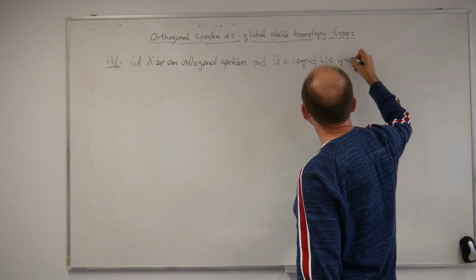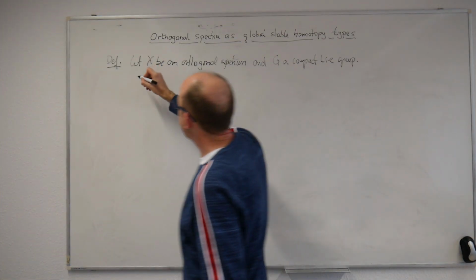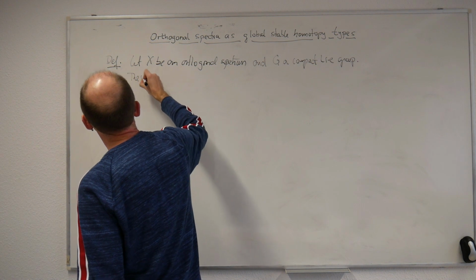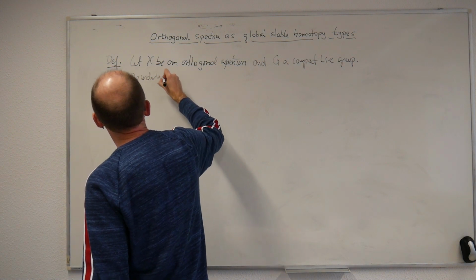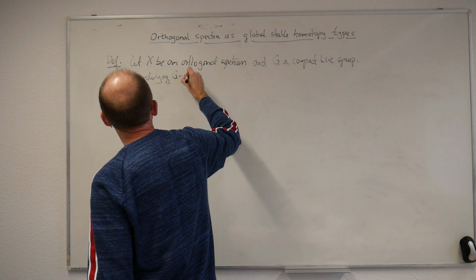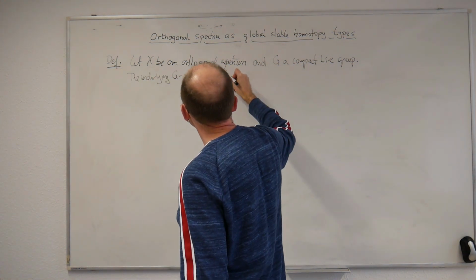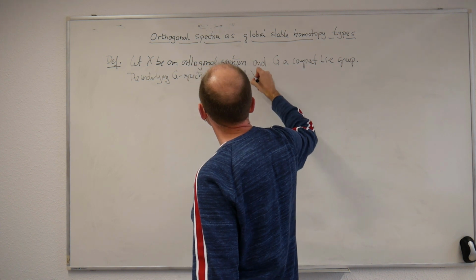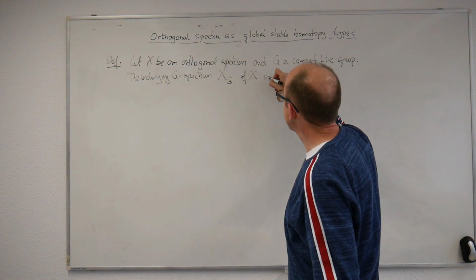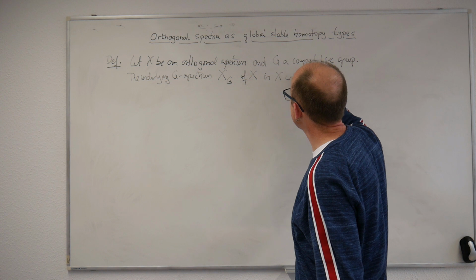Then I want to say what the underlying G-spectrum of X is. The underlying G-spectrum X sub G of X is the orthogonal G-spectrum, so is X with trivial G action.